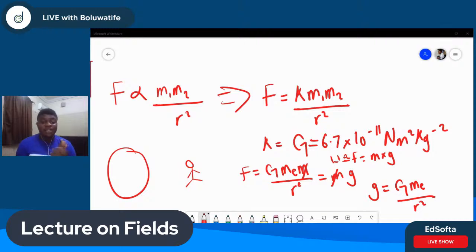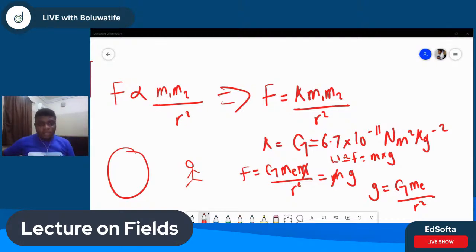Once you put that in and multiply the gravitational constant by the mass of the Earth, which is 5.98 times 10 to the power 24, and do the whole calculation, you will get g as 9.80 meters per second squared. So that is how they came about the acceleration due to gravity constant.